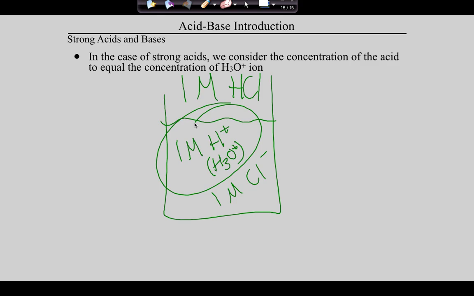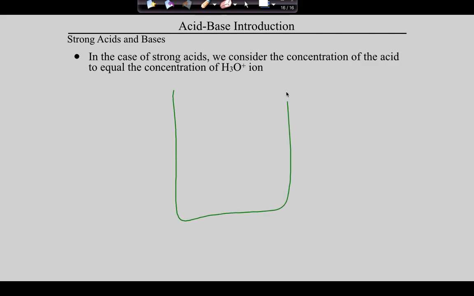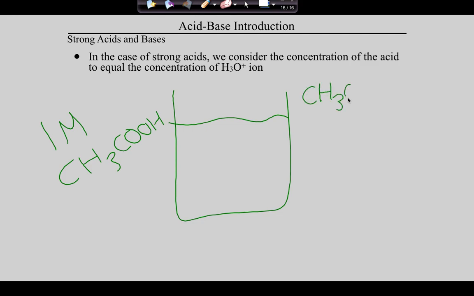Okay, so guys, what about this? What if we've got 1 molar acetic acid? What's in that beaker? Everything. Because guys, the chemistry that's taking place is this. And let's include the water.